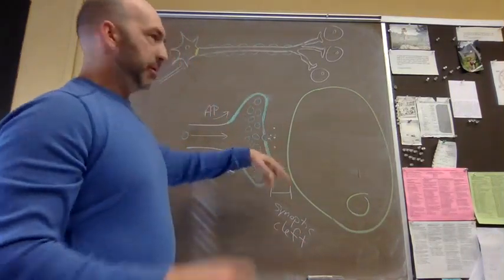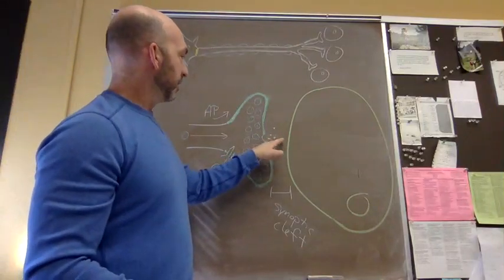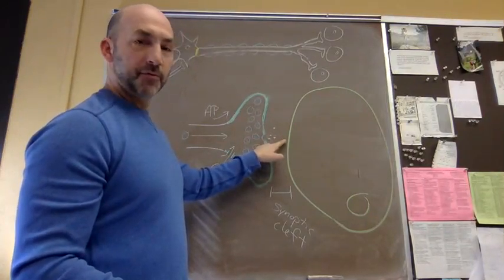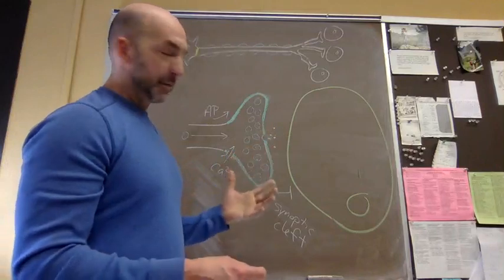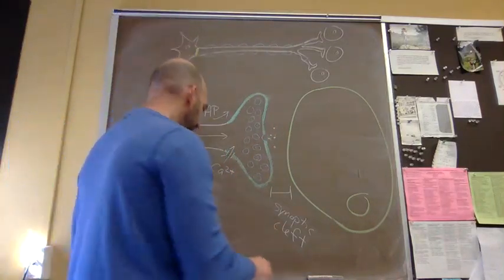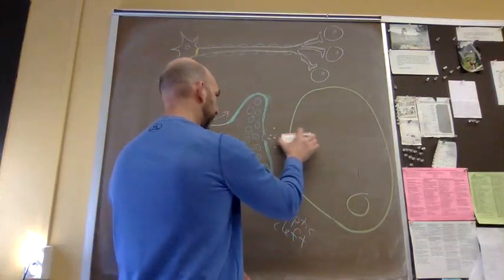Now that neurotransmitter is going to diffuse anywhere and everywhere, but one of the things it's going to do is diffuse across to this postsynaptic cell. And as long as this guy has a receptor for it, remember we're talking about ionotropic synapses here, and so we're going to have a receptor on a channel.